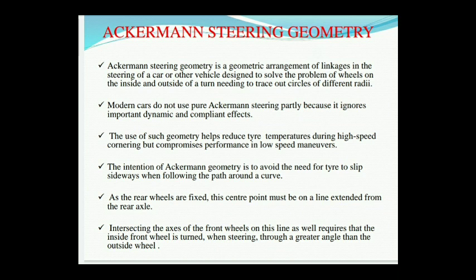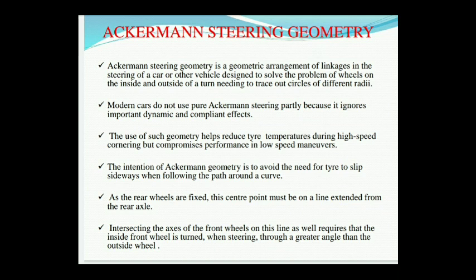Then Ackermann steering geometry. Ackermann steering geometry is the geometrical adjustment, or we can say arrangement of linkages in the steering of a car, to solve the problem when we turn the vehicle on the road surface, because the inner wheel and outer wheel have different radii of turning.